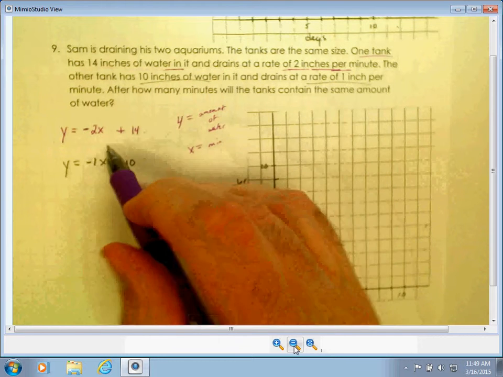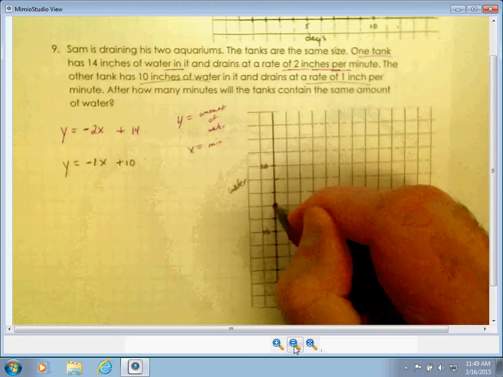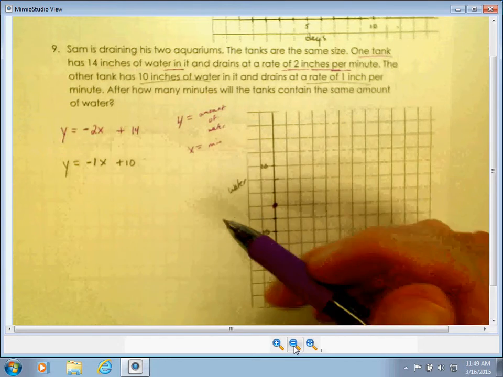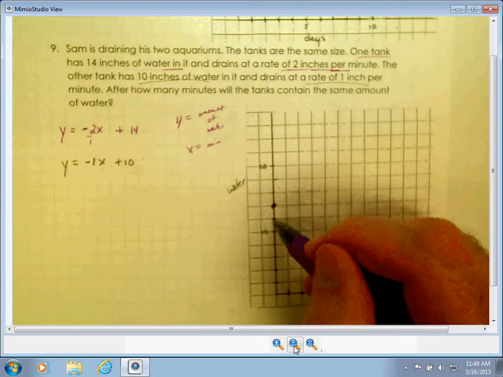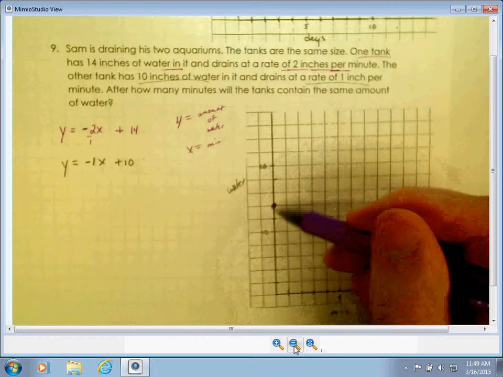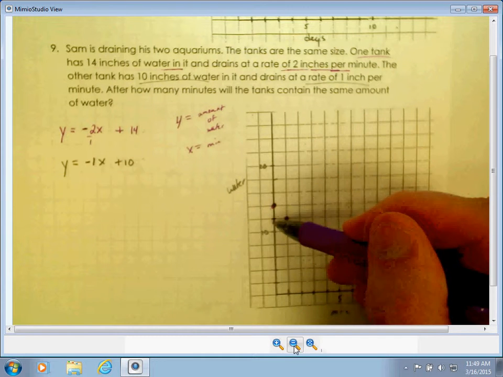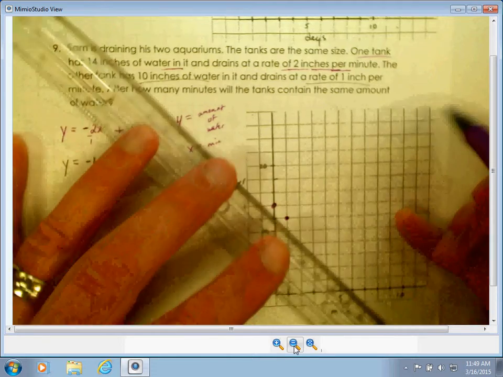So for this first one, it says to start at 14, which is right here, and then it's going to lose 2 every minute. So down 2 and over 1. So I'm going to go down 2 and over 1. Keep in mind the y's are by 2, so when I say down 2, 1 block is actually worth 2. And I'll draw my line in.